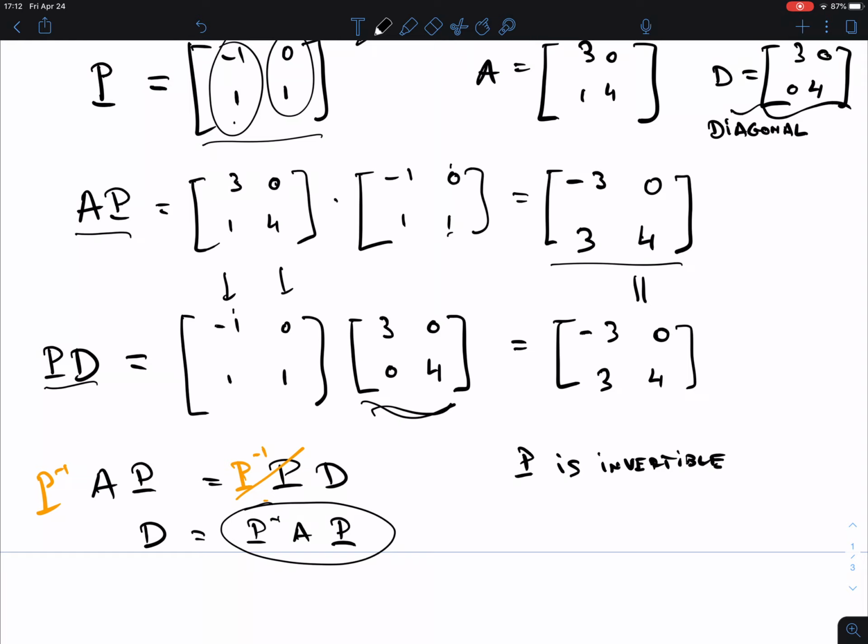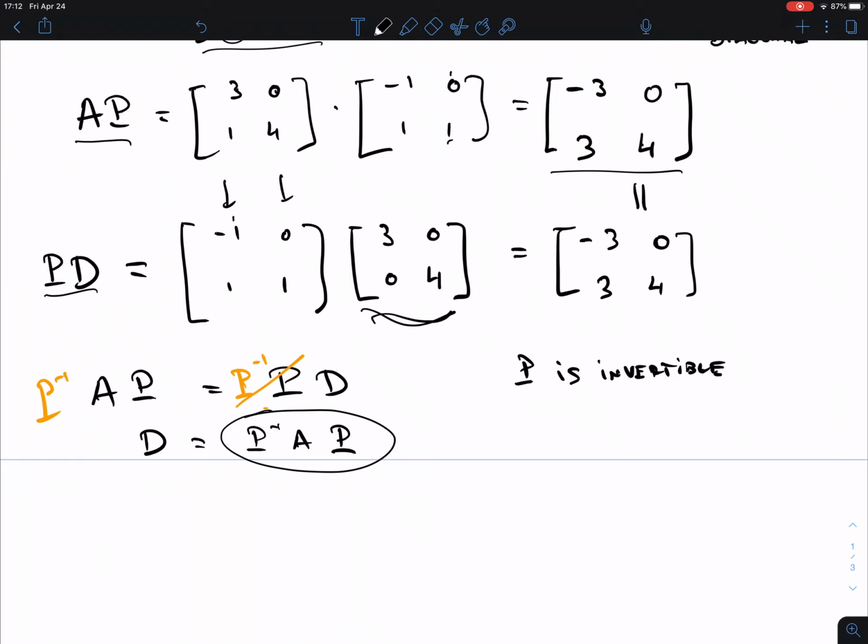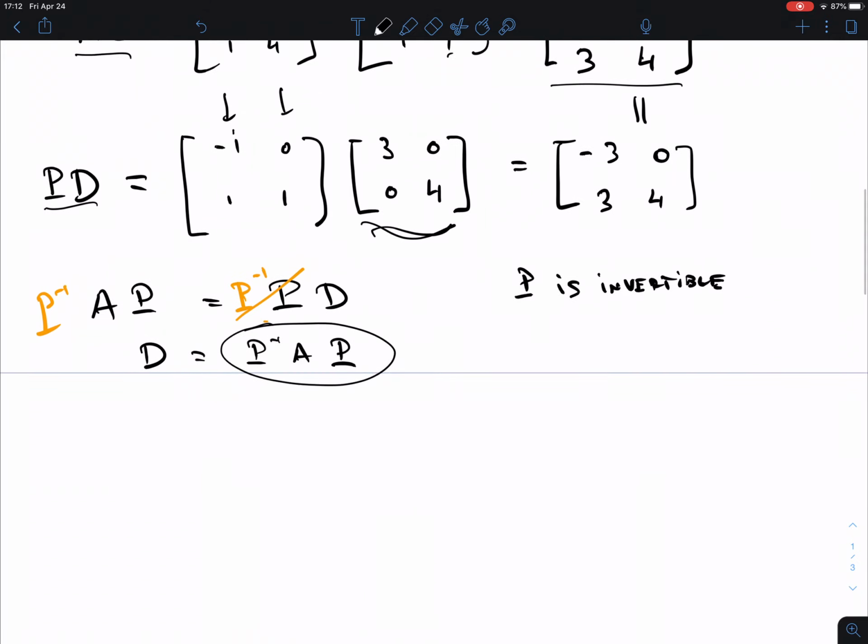But the process in which I do this is important, namely, what we have done is we have changed the matrix by multiplying on either side of it with a matrix and its inverse. And that is an operation that we will call a similarity. It's a term that is used in linear algebra often.